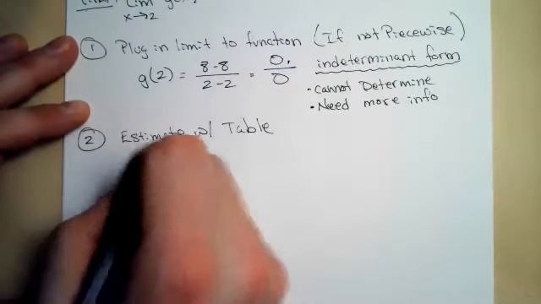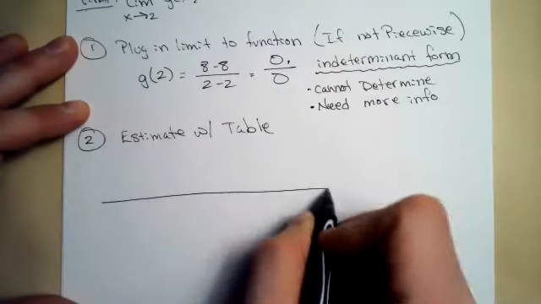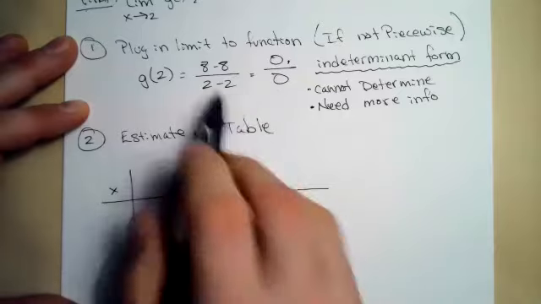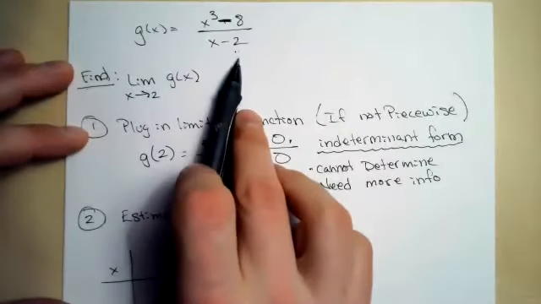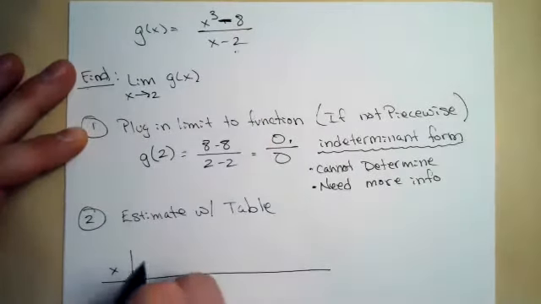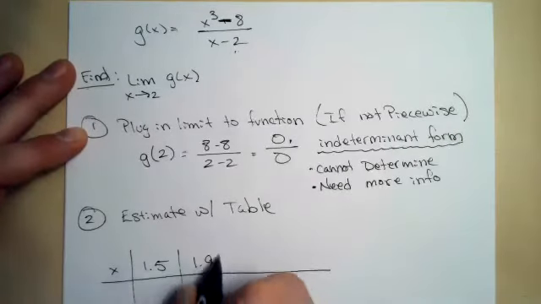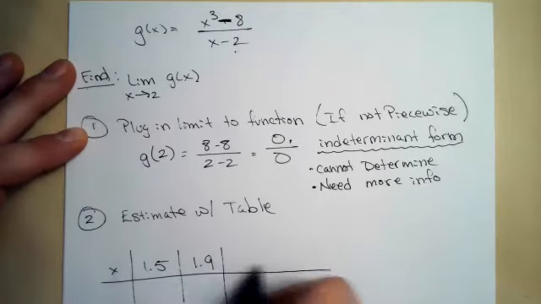So let's go ahead. We want our x values. The x values have to get close to 2, and we're going to want values below and above 2. So let's have 1.5, 1.9, and then even closer, 1.99.